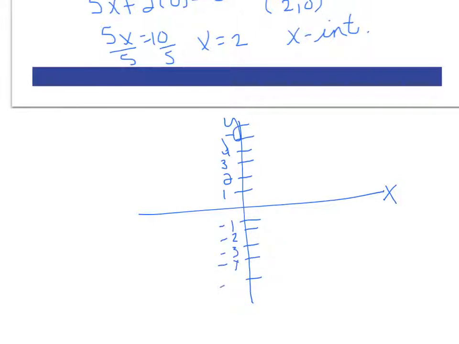I know this isn't pretty or evenly spaced. Now the first thing it said was that our y-intercept, where it crosses the y-axis, is at (0, 5). 1, 2, 3, 4, 5. So it's going to cross here.